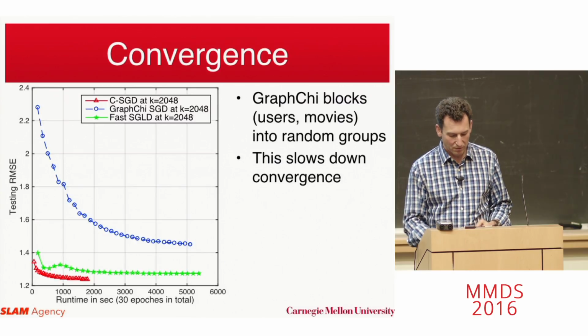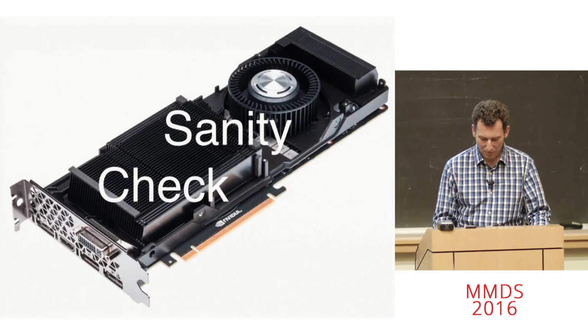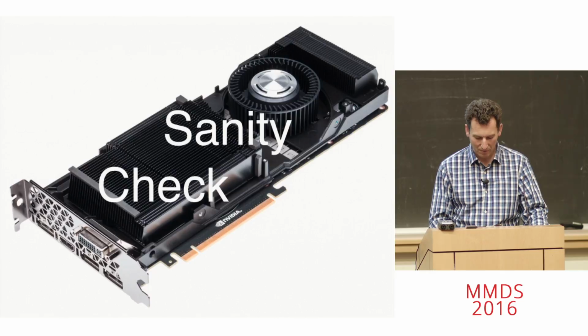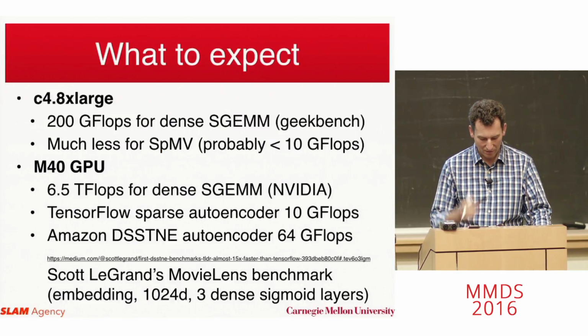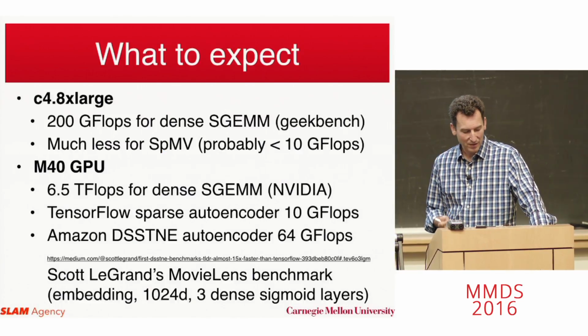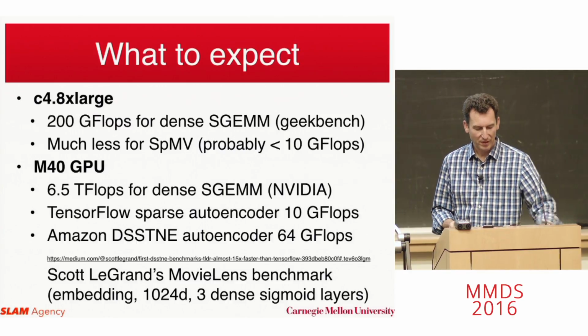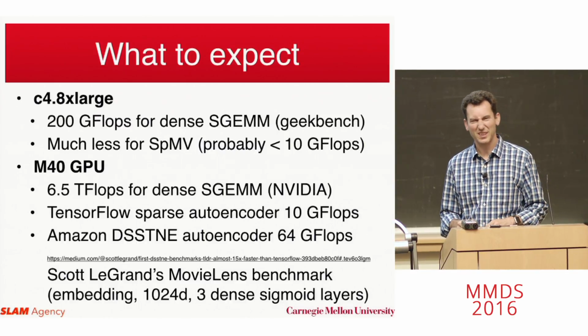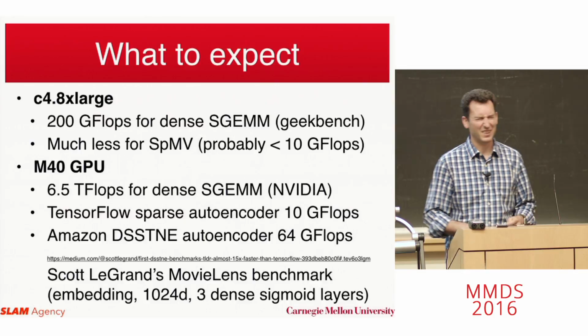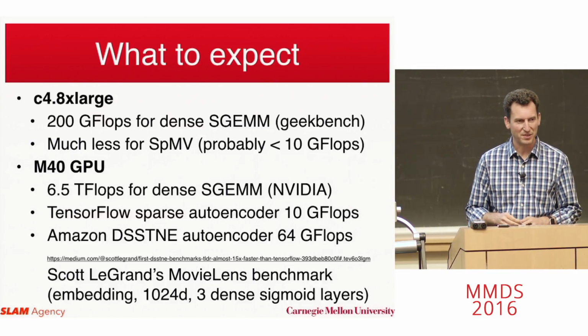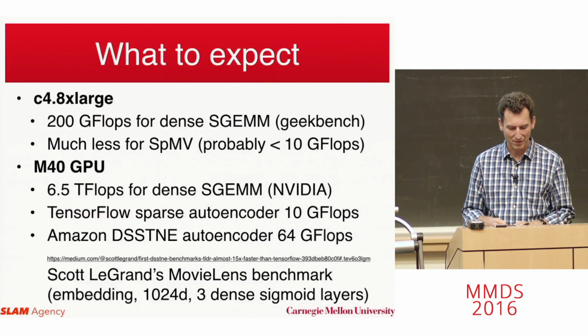Okay. Before we move on to factorization machine, let's do a quick sanity check. What would you really expect? C4 8X large has about 200 gigaflops, 198 something, at least these are the numbers that I got from Geekbench, so somebody ran the stuff.